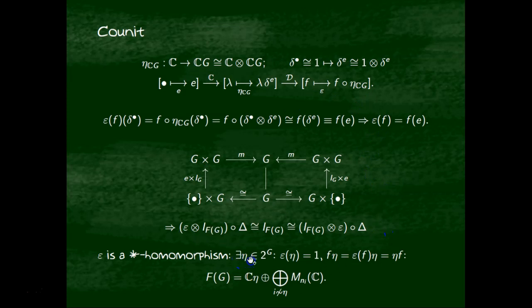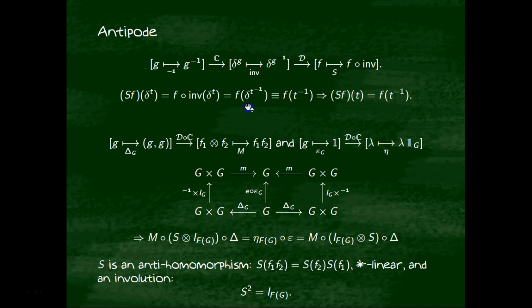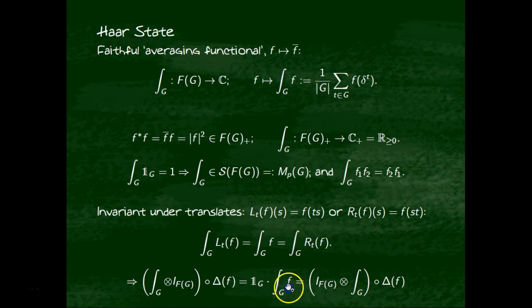There is a special Haar element that survives. There must be a one-dimensional factor. The antipode, going from the algebra of functions on the quantum group to the algebra of functions on the quantum group, survives. This axiom survives, that it's an anti-homomorphism survives. Star linearity survives for finite quantum groups.